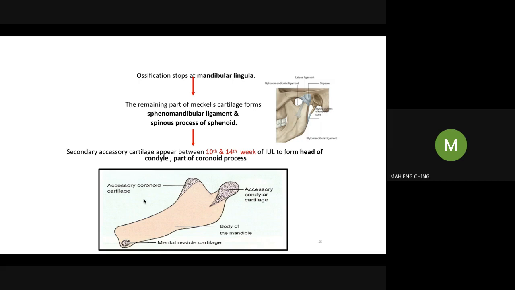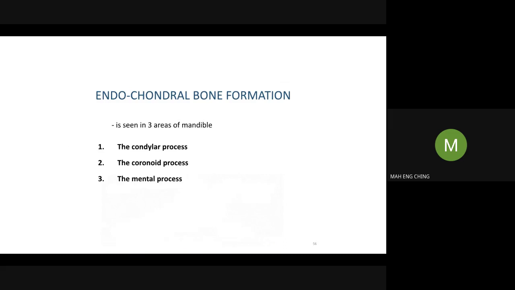That's why we say the mandible is a combination of intramembranous and endochondral ossification. We have endochondral formation seen in three areas of the mandible. The first one is the condyle, the second is the coronoid process, and the third one is the mental process, which is at the symphysis area.